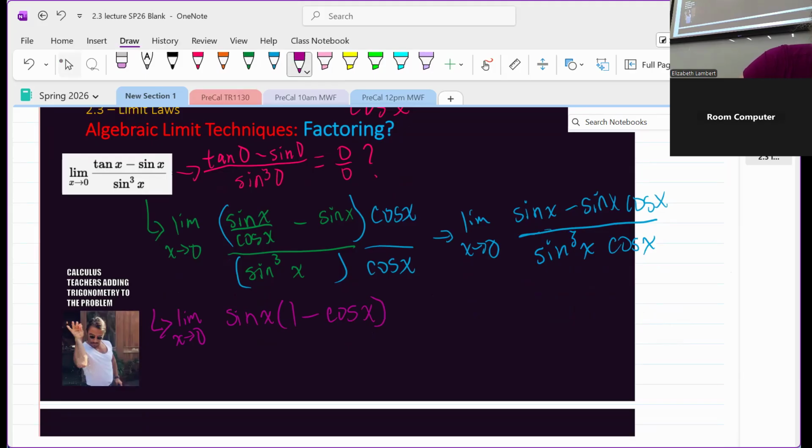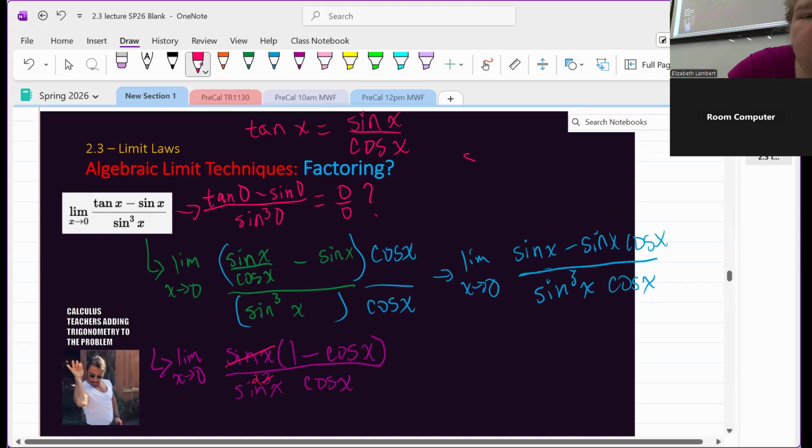So now we have sine x times 1 minus cosine x when I factor out the common sine x. So sine x over sine cubed x. Well, we can do some cancellation there. One of the sine x's cancels out on top. It's going to leave us with 2 of them on the bottom.